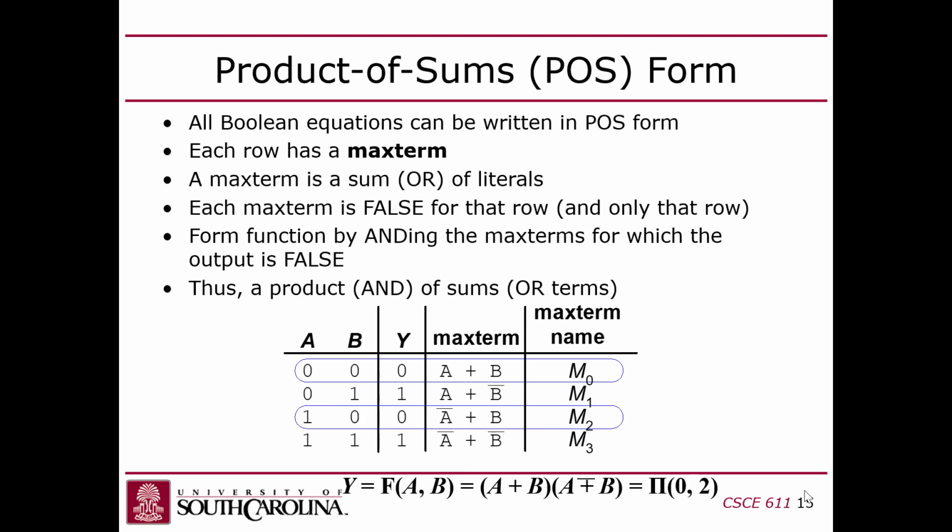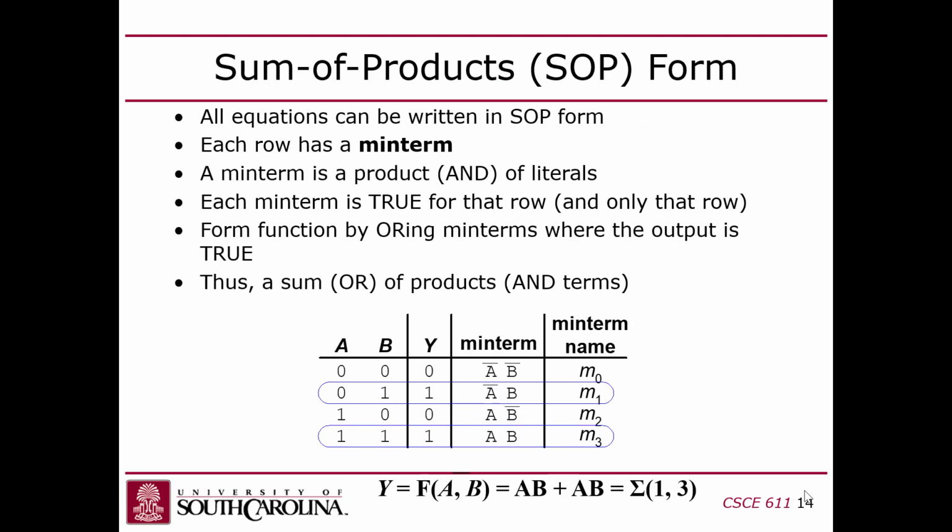There's also product of sums, which is where you take this and apply De Morgan's law to it. You guys remember De Morgan's law? That's something I covered. I'm not going to cover that this time because I assume you had that, and you should have covered that pretty well in 211.